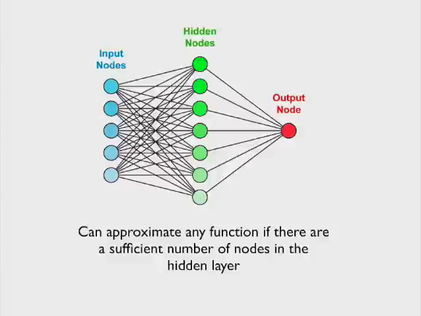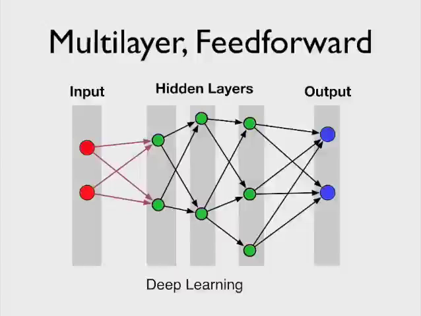Okay, now here you've got a network with multiple layers. Here's my input. These inputs get fed to some initial layer. The output of this initial layer gets fed to a second layer, then a third layer, then a fourth layer, until eventually you get to the end. So that's just a more sophisticated network.